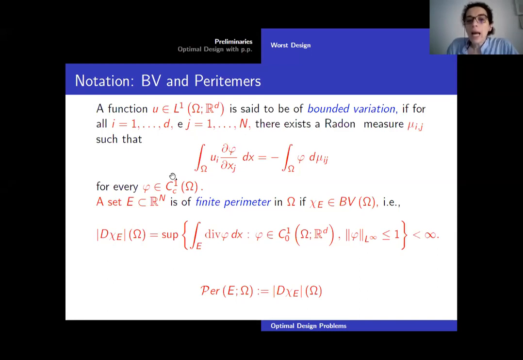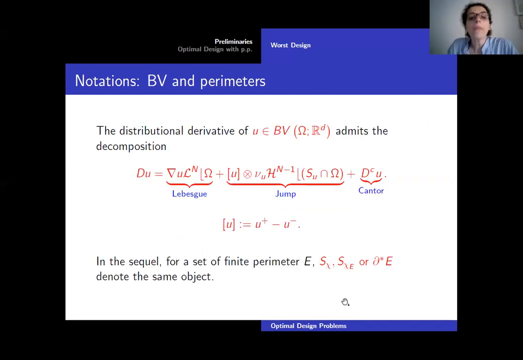And I will say that a set E is a set of finite perimeter, so let's say a function defined in omega, taking values just 0, 1, whenever the total variation of its distributional gradient is indeed finite. And the perimeter that I'm going to include in my energy will be always understood in the sense of this total variation here. Well, okay, I have to say something more.